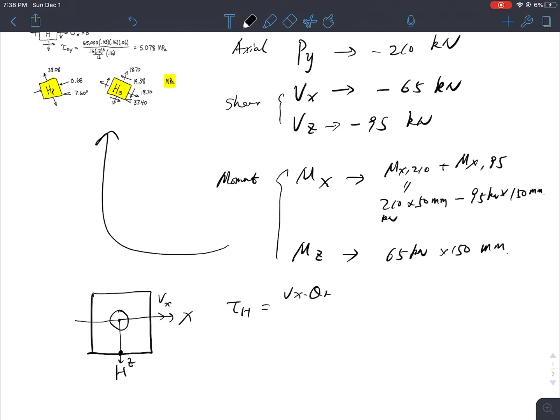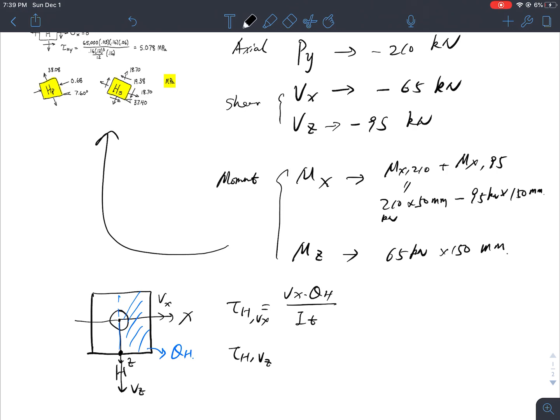So tau H equals Vx Q_H over I t, if I want to draw it. But this is due to Vx.